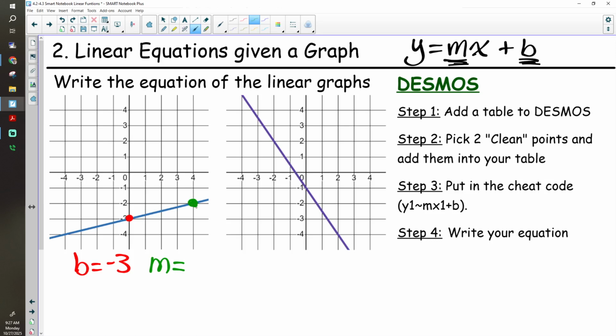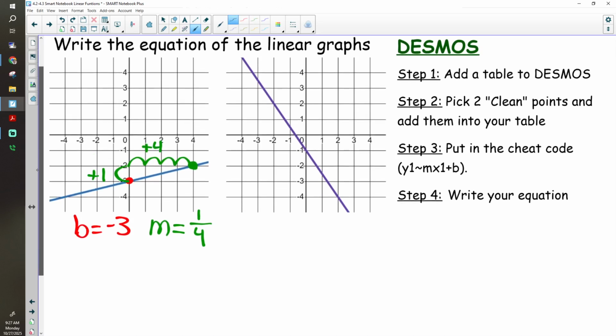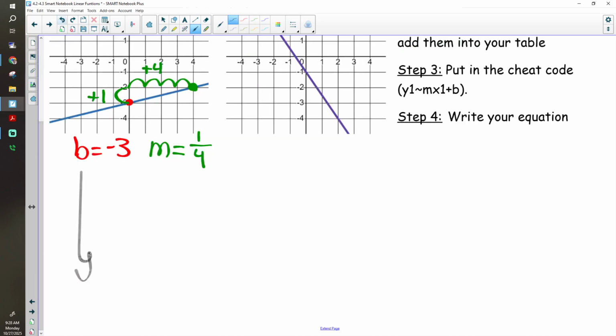To get from my red point to my green point, I have to go up 1, and I have to go over 4. So my slope is 1 over 4, which means my equation is y equals 1/4 x minus 3.